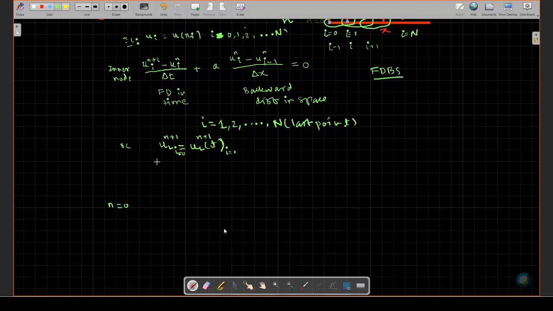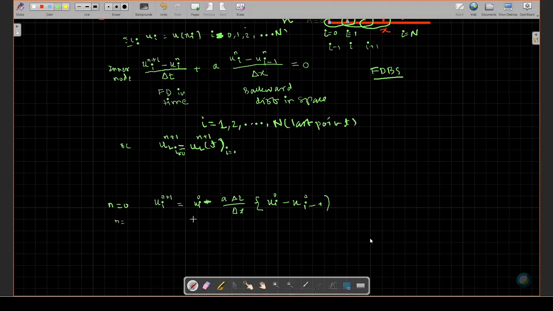So for n equals 0, this expression will become u_i^{0+1} equals u_i^0 minus a delta t over delta x in the bracket u_i^0 minus u_{i-1}^0.